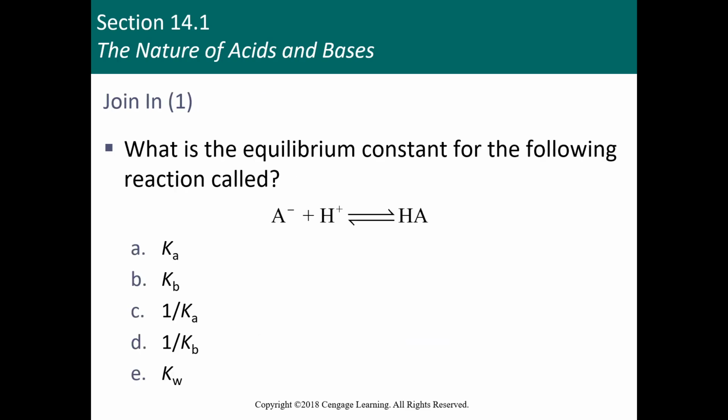All right, so what is the equilibrium constant for the following reaction called? Now, let me point out real quick that I'm going to do a lot of problems in this chapter. There's a lot of them here. And that's because conceptually, this chapter really is not supposed to be challenging. The challenging part is the fact that you have to remember stuff from 2 previous chapters.